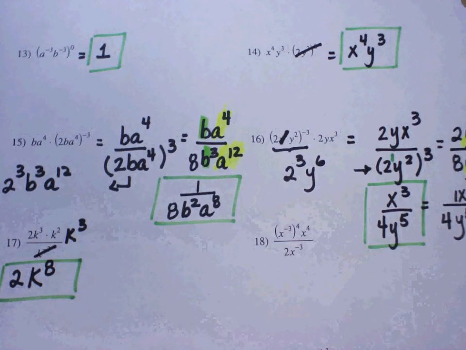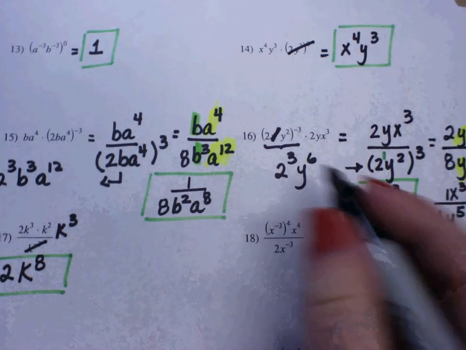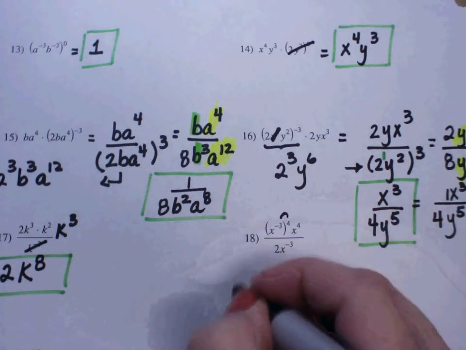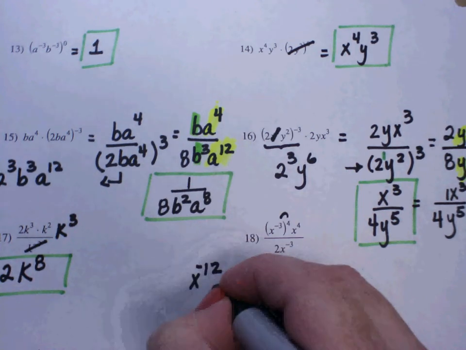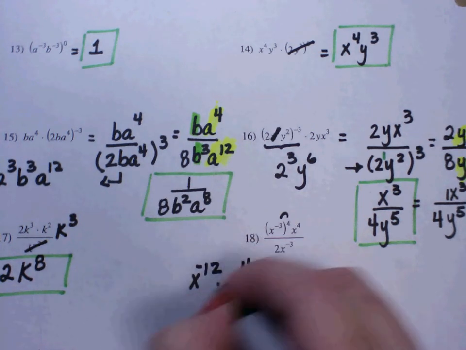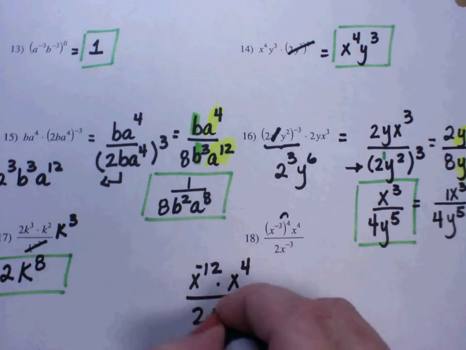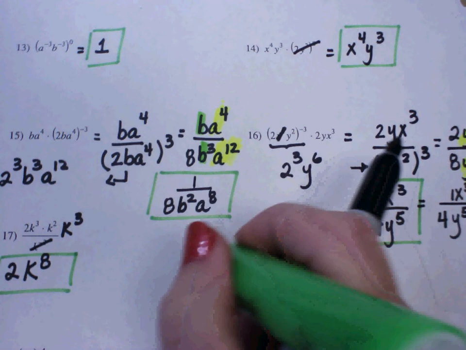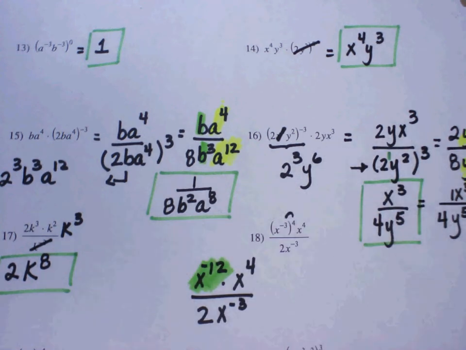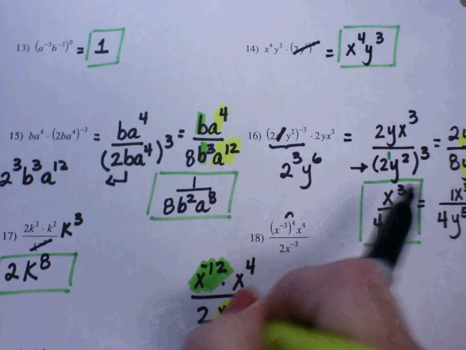All right, next one. Let's distribute. So that's x to the negative 12 times x to the 4 times x to the negative 3. So what I'm going to do is move that one to the bottom so that I can get rid of that negative, and that one to the top.